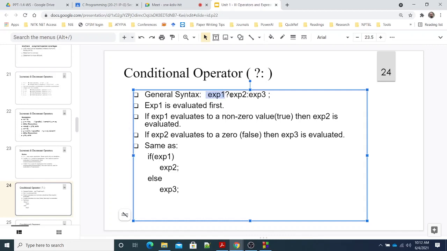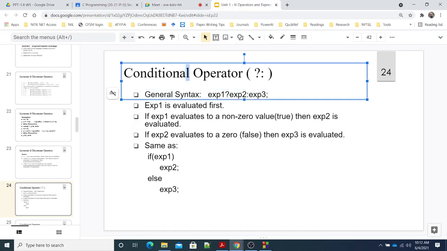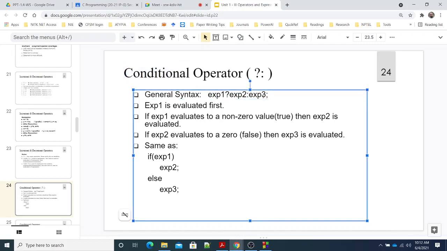So expression 1 followed by a question mark, expression 2 followed by a colon, expression 3. Now how to interpret this, or what happens when we are applying the conditional operator? The term conditional means this is going to execute in a conditional manner.